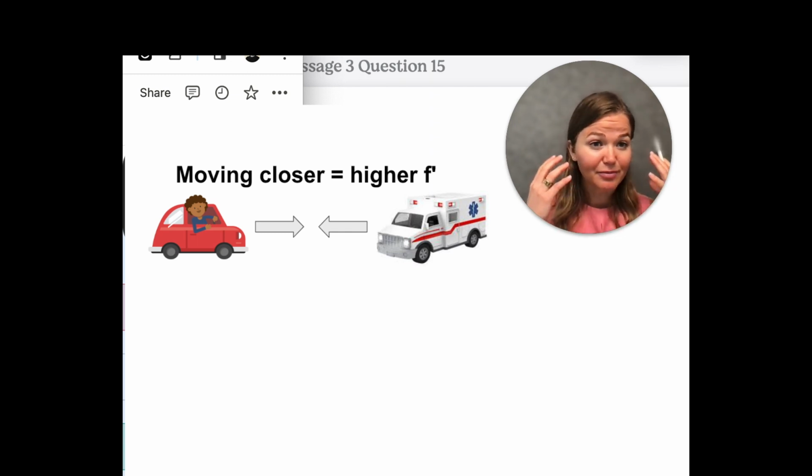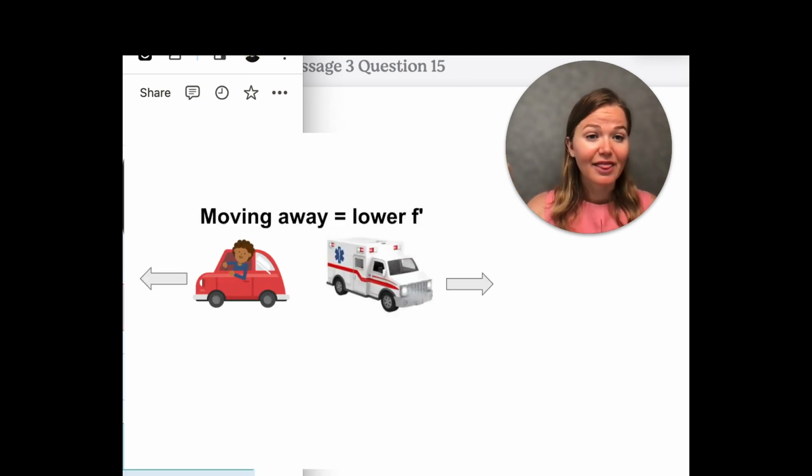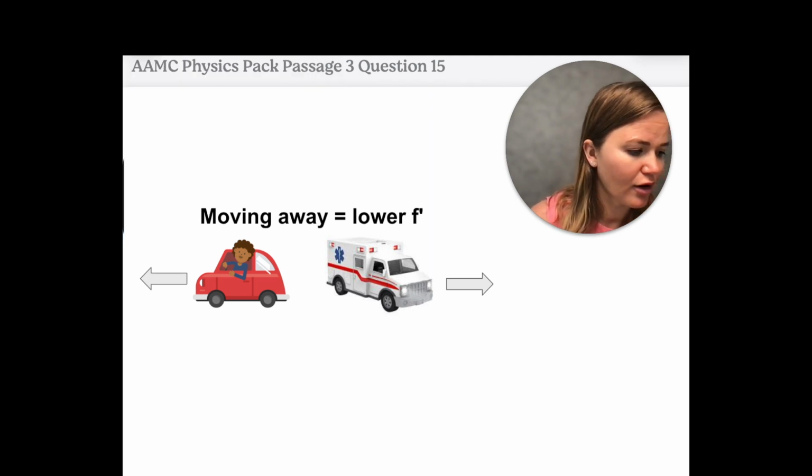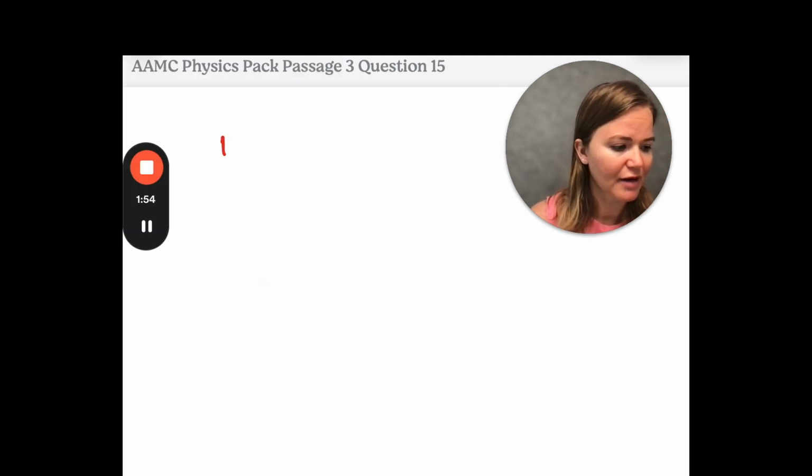Because you hear that siren, that siren sounds higher pitched the closer it gets to you. But of course, if that ambulance is getting farther apart from your car, then the perceived frequency of that siren decreases. And that's what's happening in this case, right? We're talking about a case where two objects are getting farther apart. So in other words, our perceived frequency, which we can represent as delta f, decreases.